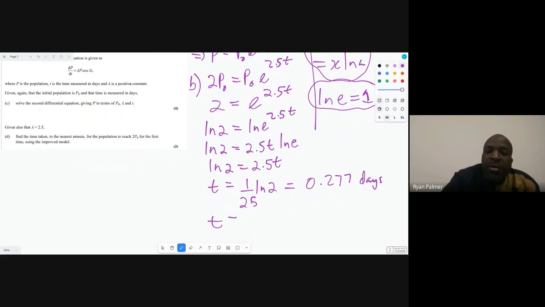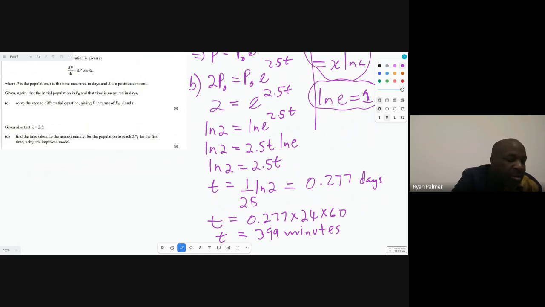So here, we know that there are 24 hours in one day, and then in minutes, that would be times by 60. So we convert 0.277 to hours, and then we convert that to minutes. So if we multiply the calculated answer by 24, and then again by 60, we're going to get t to be equal to 399 minutes. So to the nearest minute, it would be 399 minutes.